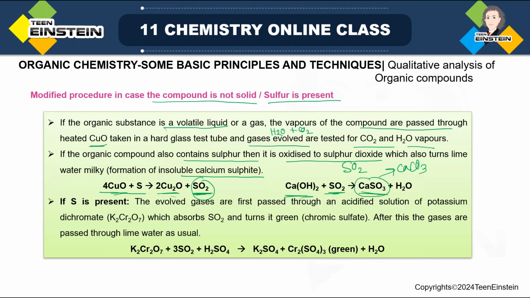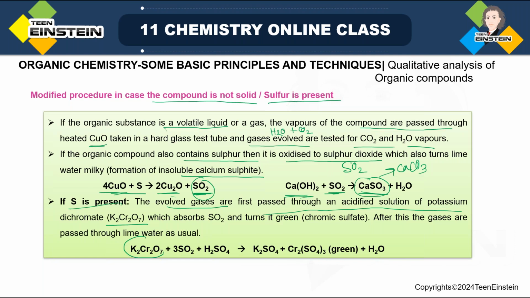So what we do, if sulfur is present, you already know it, the evolved gases, whether it is CO2, H2O, SO2, whatever, SO2 must be there because we are talking about the situation where sulfur is present. So the evolved gases, you have to pass through acidified solution of potassium dichromate, K2Cr2O7.